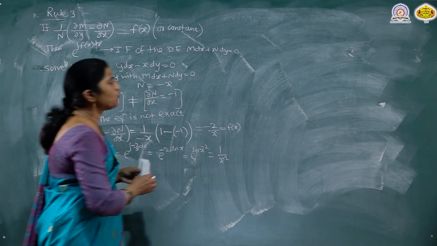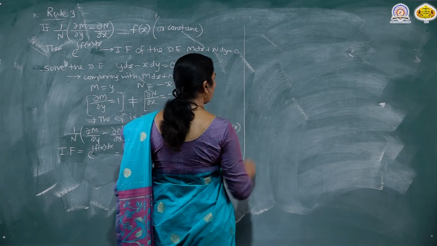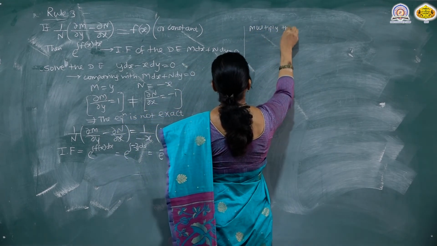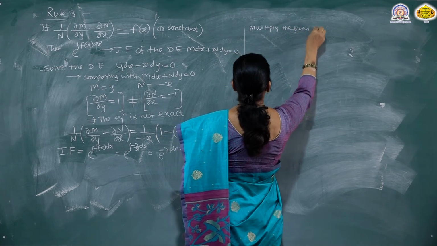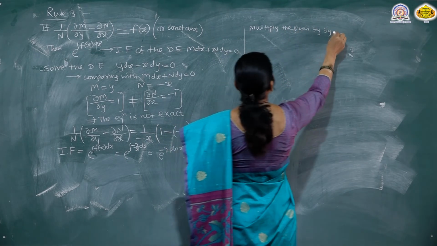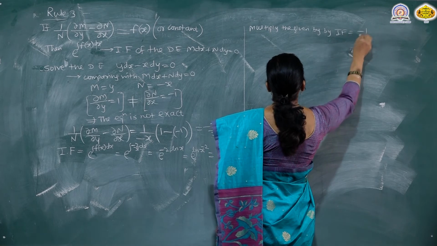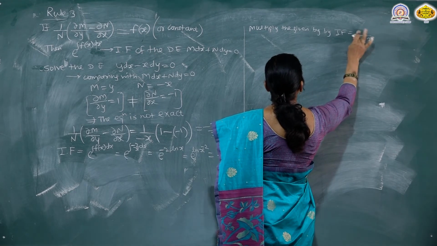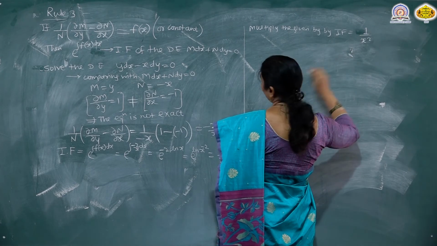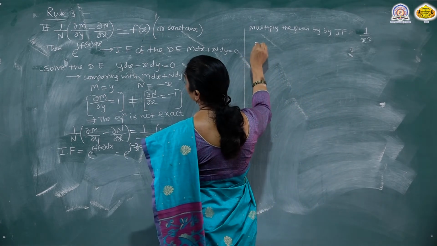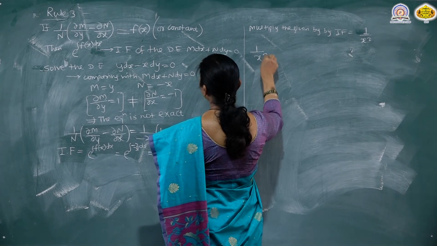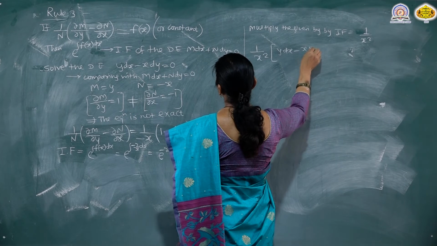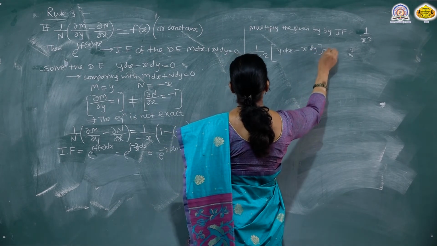If you multiply the equation by the integrating factor 1 upon x square, the given equation becomes 1 upon x square into bracket y dx minus x dy equal to 0.